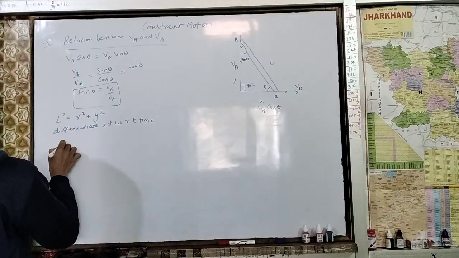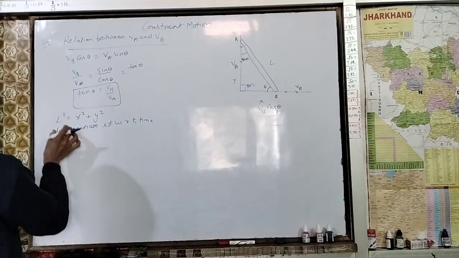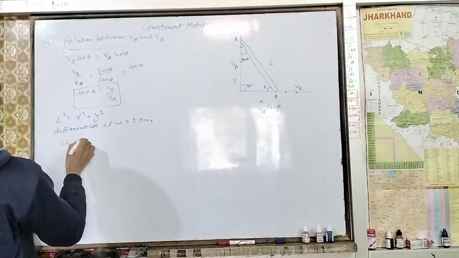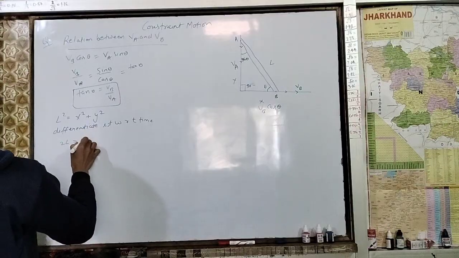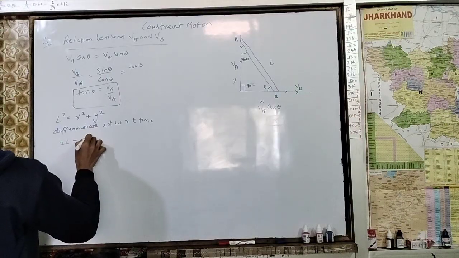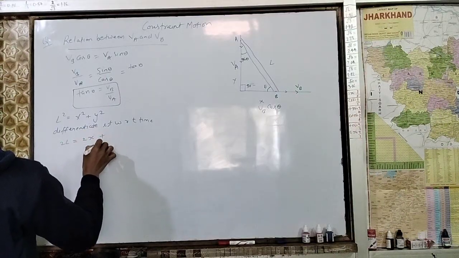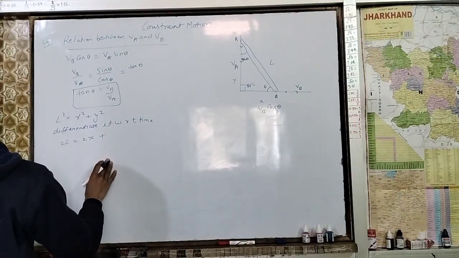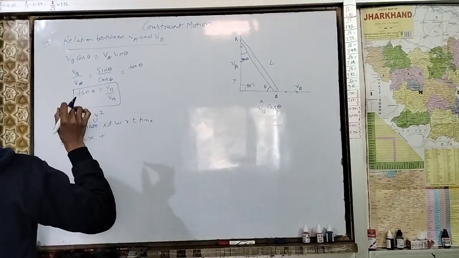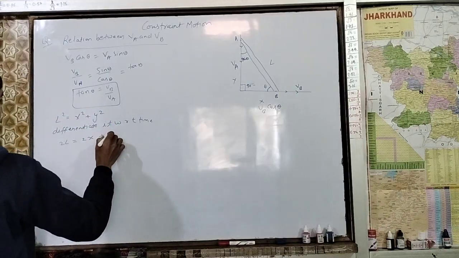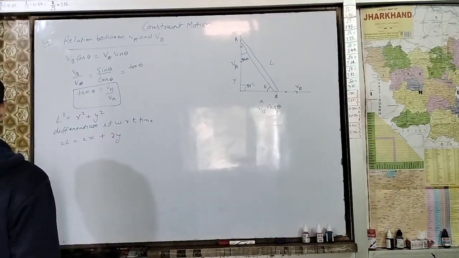The derivative of L square will be 2L, the derivative of x square will be 2x, and the derivative of y square will be 2y. This is the equation we will get.